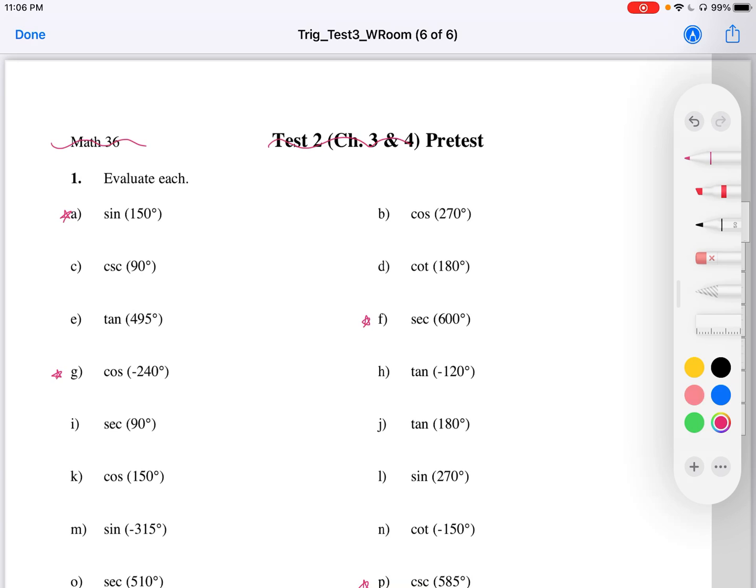Before you start, please make sure to have a unit circle handy. I posted one, I believe, at the end of October when we started going over Chapter 5. But you can always Google a unit circle if you like.